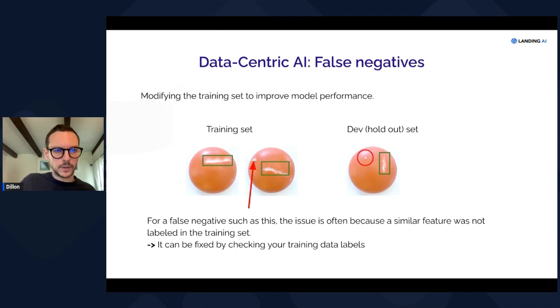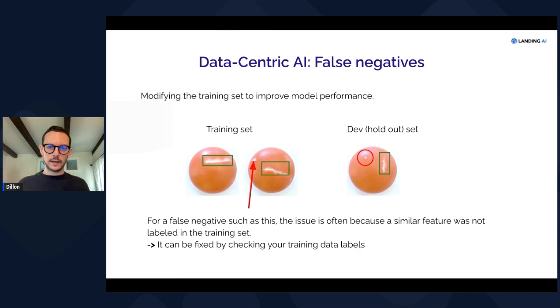So now I'm going to cover what I look at first when I go through a project. I'm going to assume you've trained a model and evaluated it on some kind of holdout test set, and you're looking at that test set.